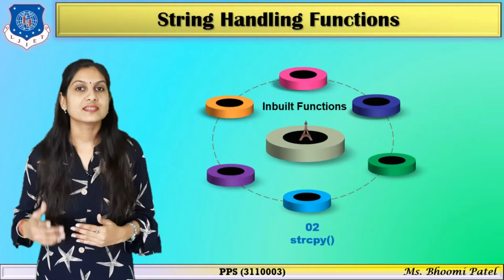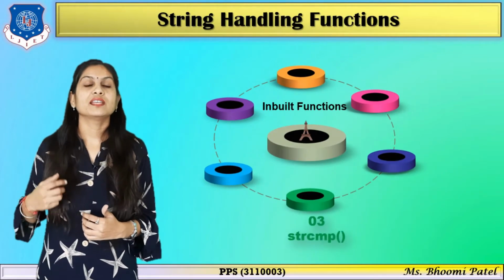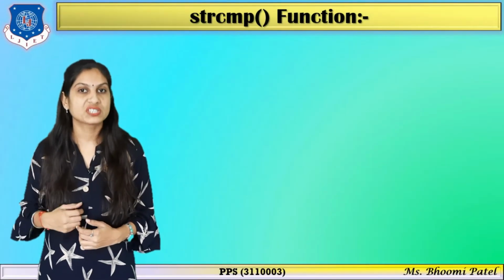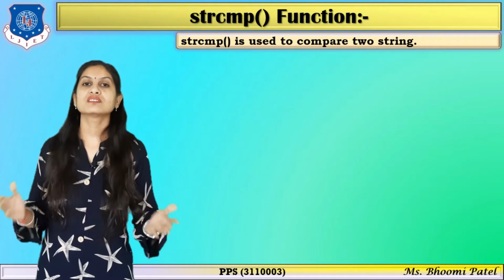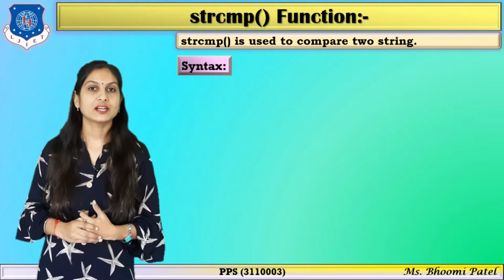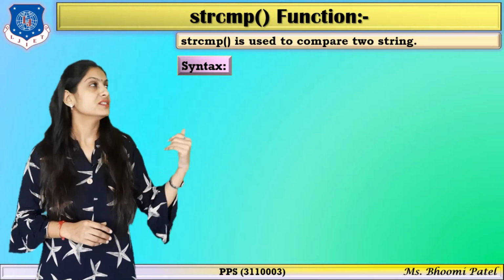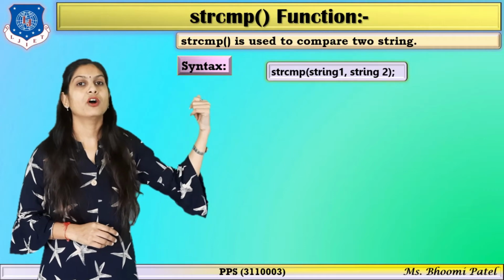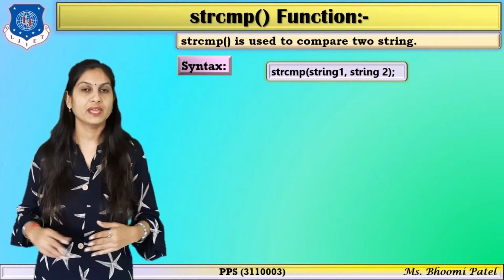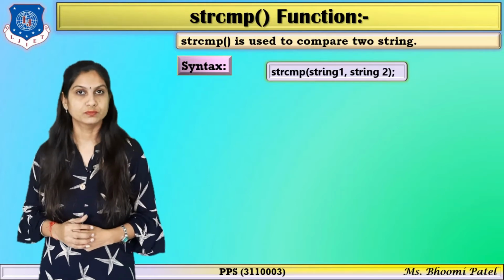Clear? Now move to the next function, that is strcmp, and cmp, the name itself suggests it is used to compare two strings. Suppose you want to check whether both the strings are the same or not, then in that case you can apply that function, and the syntax is the same as copy, just change the name of the function to strcmp, and there are two strings we have to pass, string 1 comma string 2.